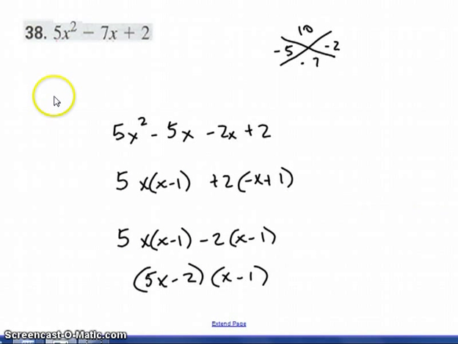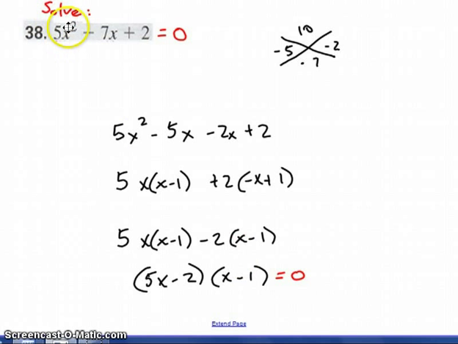Last thing I want to say, going back to question 38, and you'll remember we worked this out and we said these are the factors of this expression up here. Well, if I had instead asked you to solve this, if I'd said this was an equation, not an expression, and if I told you that this expression on the left is equal to 0, that would have meant the factors that you came up with would have been equal to 0.